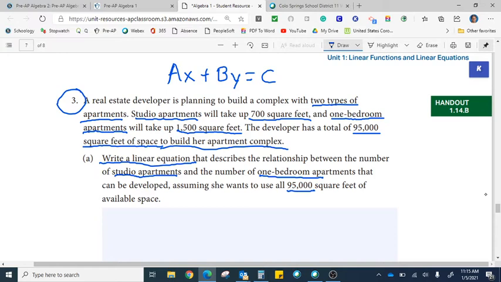So it's got to equal 95,000 square feet. In the end, it has to equal this 95,000.